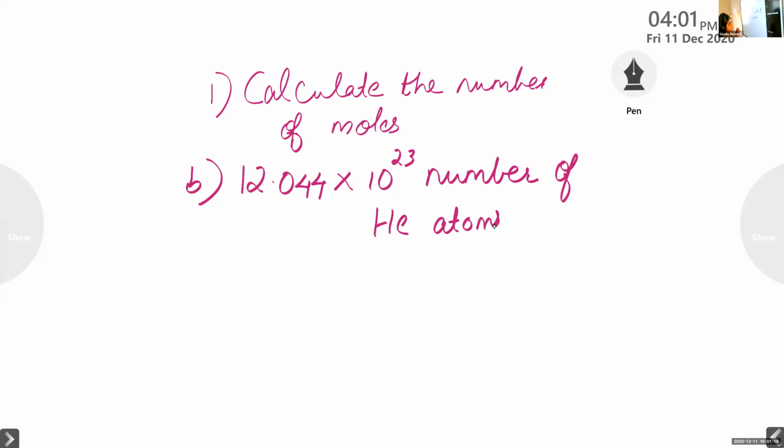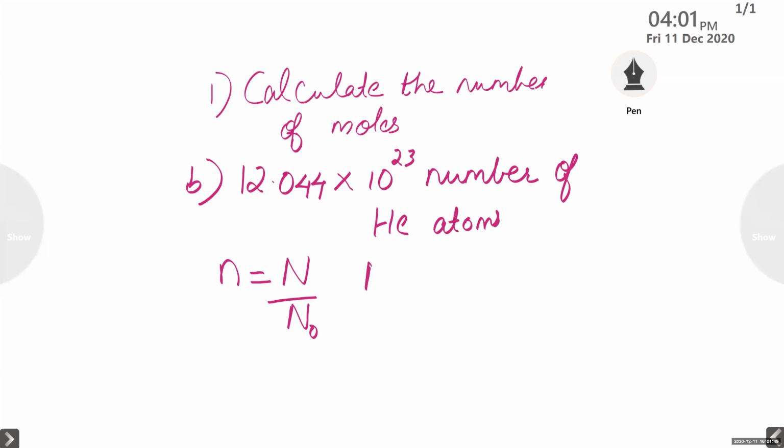Sania, can you hear me? Yes, ma'am. Given number of particles by Avogadro's number. Yeah, very good. Number of moles equal to given number of particles by Avogadro number, that is small n equal to capital N divided by N0. So here this 12.044 into 10 raised to 23, is it N or N0?